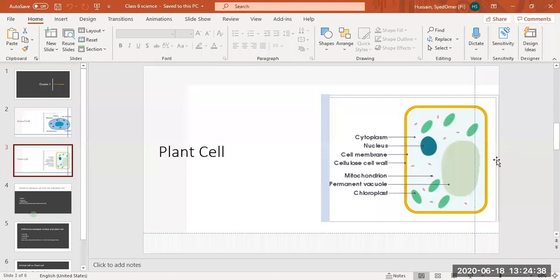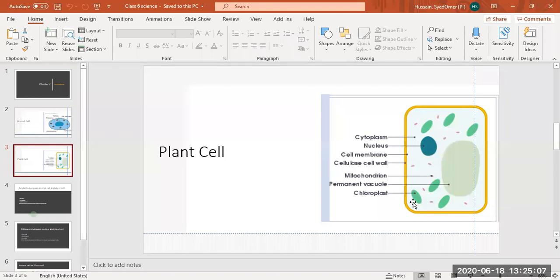So which structure helps out a plant? That is chloroplast. These are the green structures, as you can see in this diagram. These are the green structures that are present in a cell, and these green chloroplasts contain a chemical called chlorophyll. That chemical helps the plants to make food during photosynthesis. How?